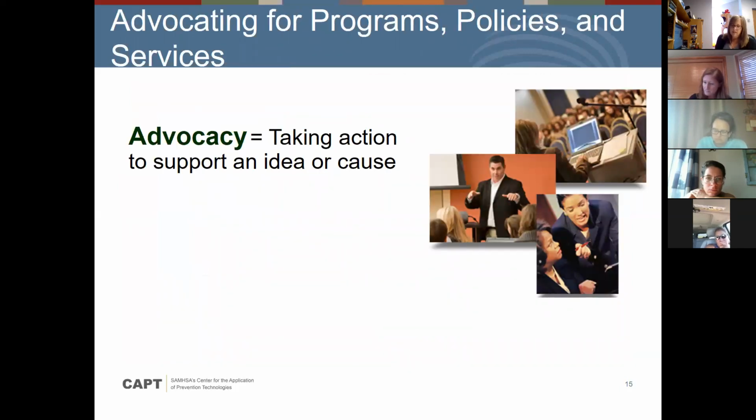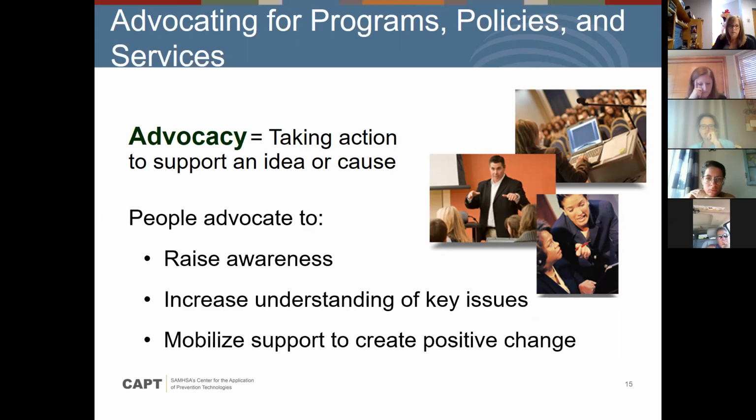So advocacy really means taking action to support an idea or a cause. As prevention professionals, we have an obligation to the communities that we work in and to our society as a whole to advocate for those programs and policies and services that do promote wellness. Advocacy mainly involves educating community members, maybe the media, could be elected officials.